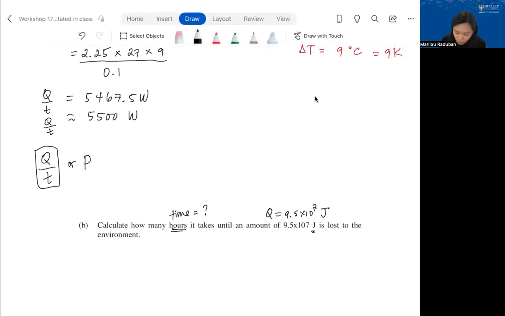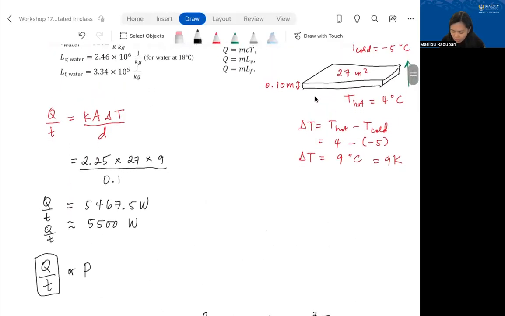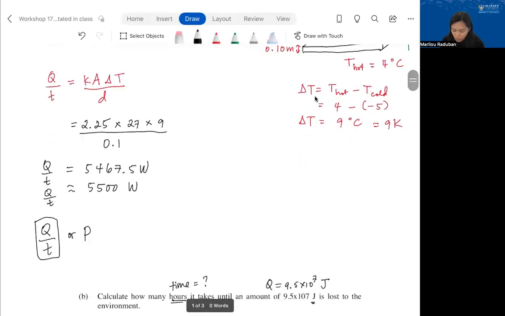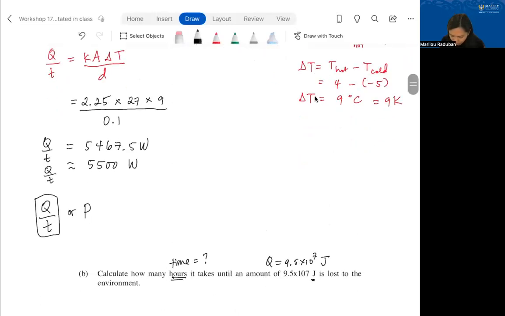So from the previous problem, we've determined that heat is being transferred at a rate of 5,500 watts, which means that 5,500 joules. Let's just use the unrounded one, so we don't have rounding errors.